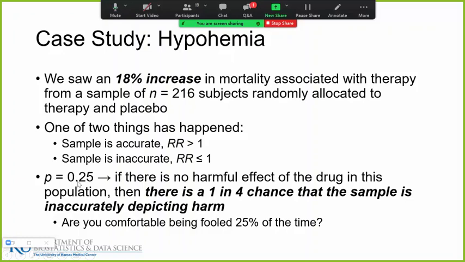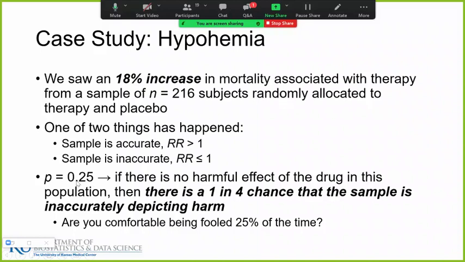So the way that you interpret your p-value, assuming you're in a randomized controlled setting, is that there is a 25% chance that this sample, this particular study, is inaccurately depicting an increase in mortality. There is a 25% chance, or a 0.25 probability, that this particular study inaccurately depicts harm.